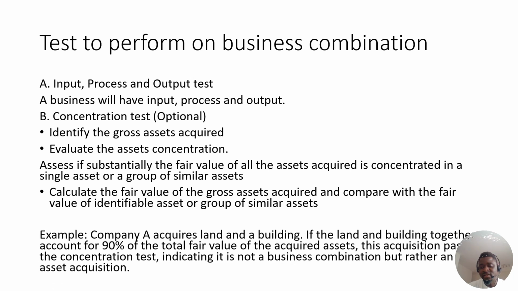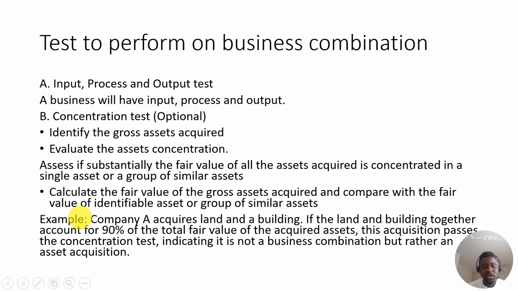So let's look at a scenario here. Company A acquires land and a building. If the land and building together account for 90% of the total fair value of the acquired assets, this acquisition passes the concentration test, indicating it is not a business combination but rather an asset acquisition.